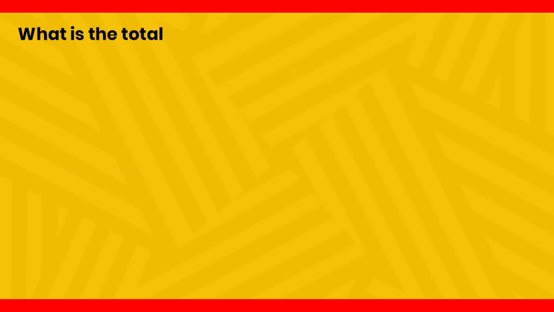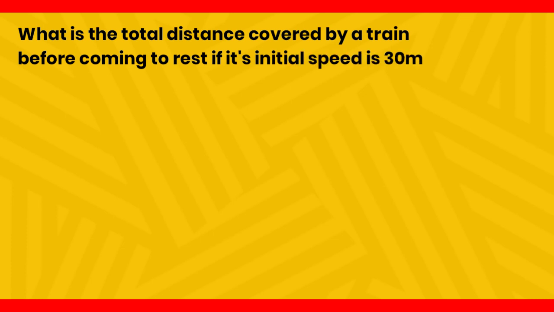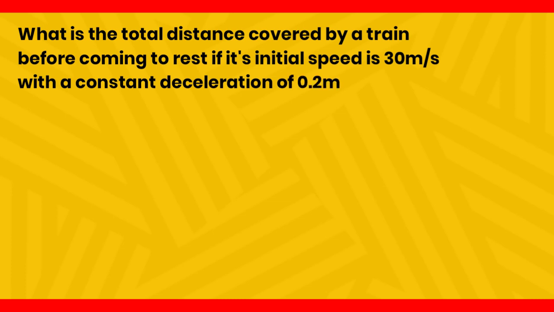What is the total distance covered by a train before coming to rest if its initial speed is 30 meter per second with a constant deceleration of 0.2 meter per second square? In this question, a equals negative 0.2, and it has negative sign because it is deceleration.